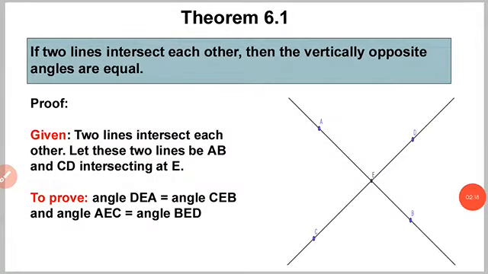Now let us prove this theorem mathematically. We have been given two intersecting lines, so let these two lines be AB and CD, which intersect at point E. We need to prove that angle DEA is equal to angle CEB and angle AEC is equal to angle BED.